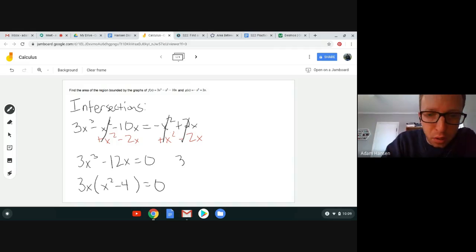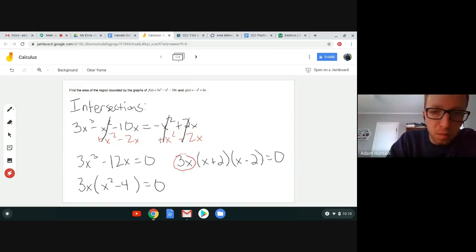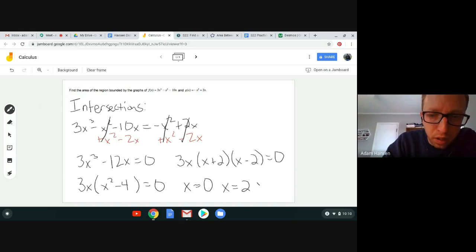This will factor into 3x, and x squared minus 4 as a difference of two squares becomes x plus 2 quantity x minus 2, equal to 0. So if I set each of these pieces to 0, I should get 3 different intersection points. x equals 0, x equals negative 2, and x equals positive 2.